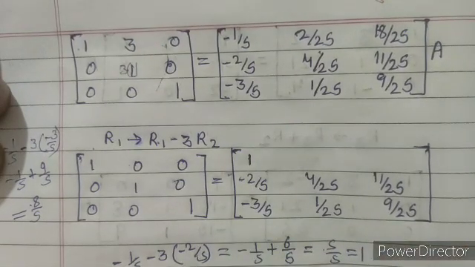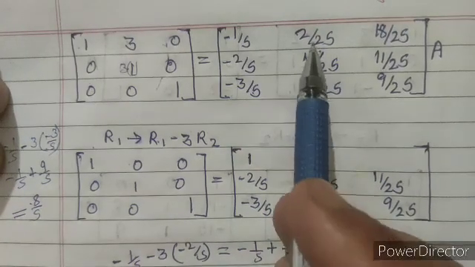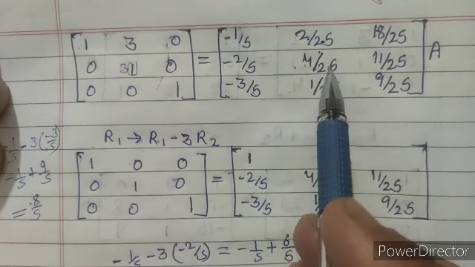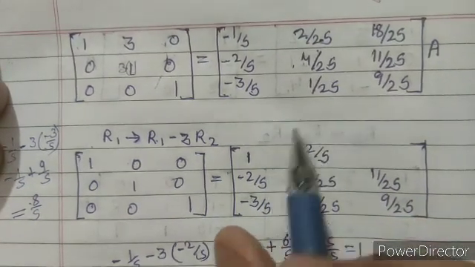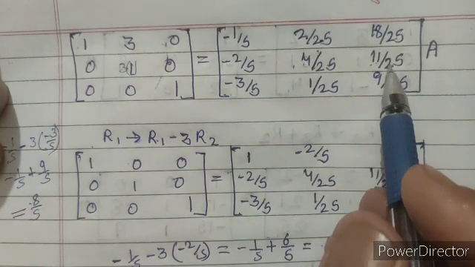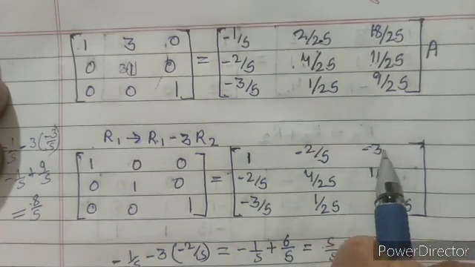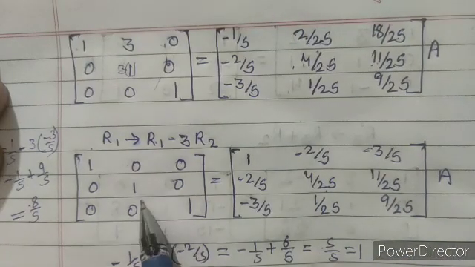Our first element is 1. Similarly, second element 2 by 25 minus 3 into 4 by 25 will give us minus 2 by 5, and 18 by 25 minus 3 into 11 by 25 will give us minus 3 by 5. Other two rows will remain the same.